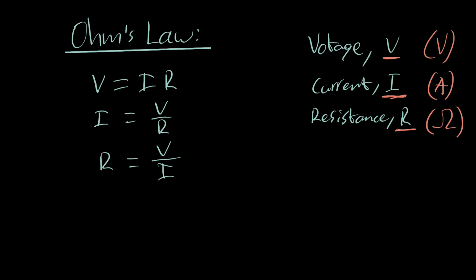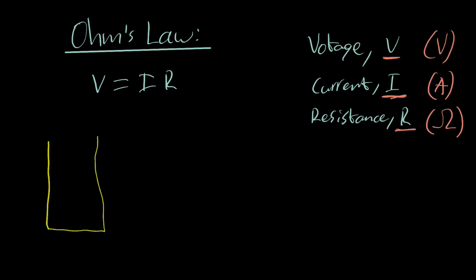Now, this is a lot of maths and isn't really intuitive to understand how electricity flows in a circuit. So I'm going to be using an analogy of a water tank to better explain how the flow of electricity works. So imagine we have a water tank, which is kind of like a battery, and we have a pipe flowing out of the water tank.